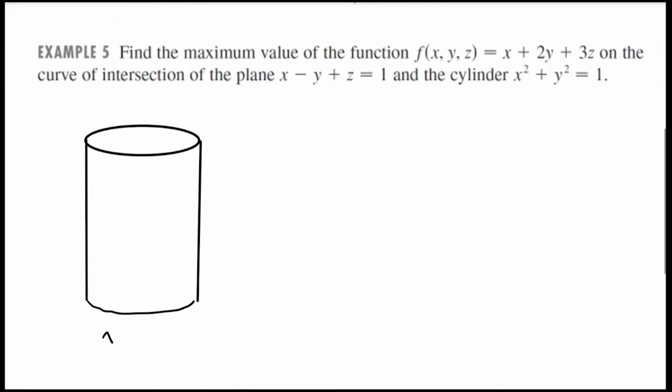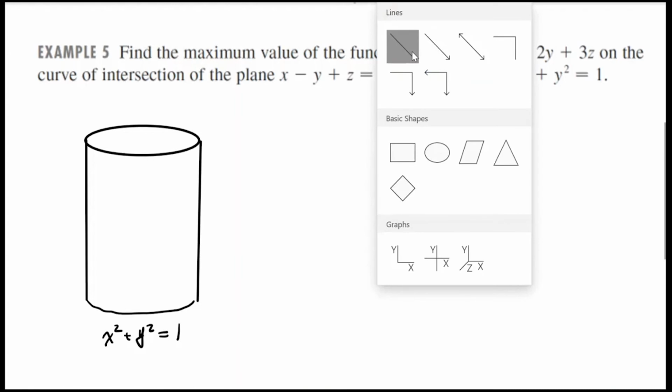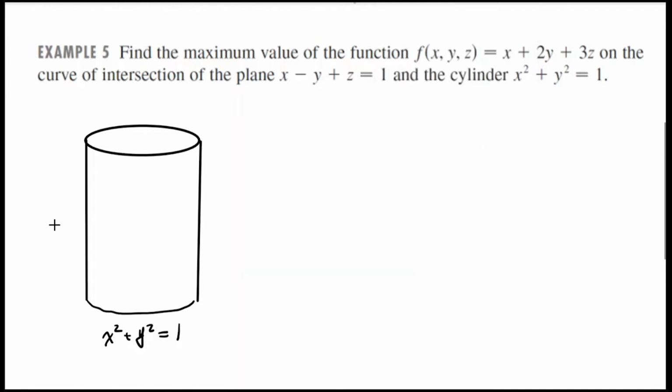Like that. This is x squared plus y squared is equal to 1. And we cut it with this thingy. Well, not that thingy, this thingy, right? And we don't know what that looks like, but we just draw it as a plane. So let's draw the plane.